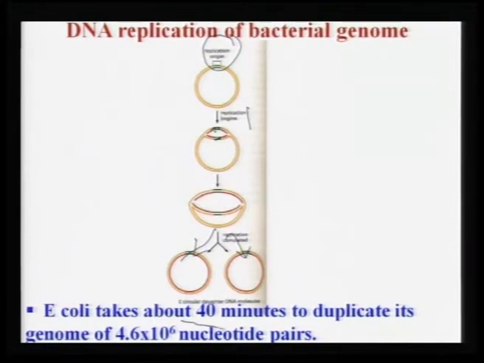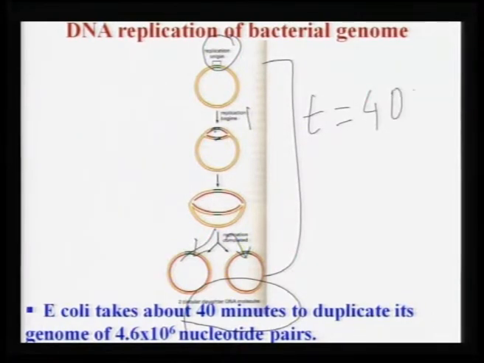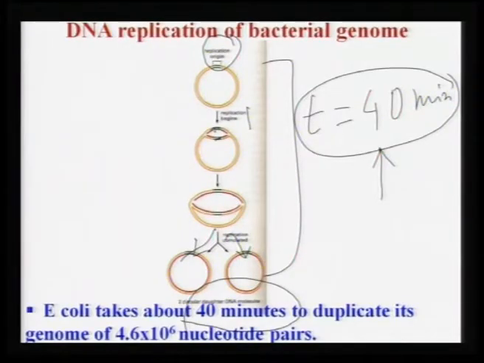And for bacterial cells, typically it takes around 40 minutes. So, this entire time span is T equal to 40 minutes, or less than an hour, for two daughter DNA to be produced. And that is the reason that for the proliferation and growth of bacterial cells, we check in the laboratory for 4 hours. 4 hours means you give approximately 8 times the time for one individual DNA to produce 2 daughter DNA molecules.